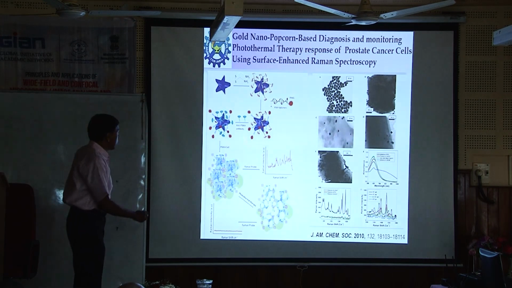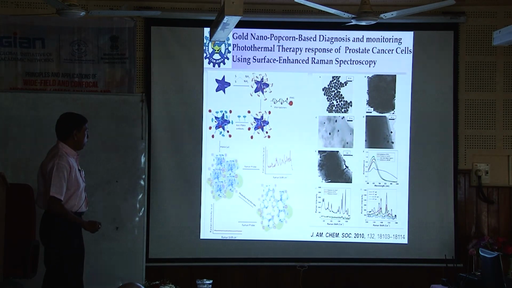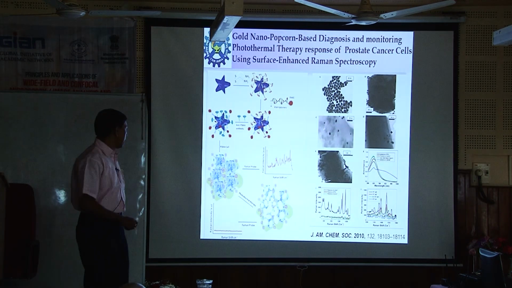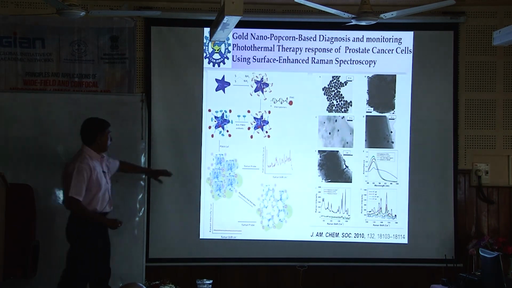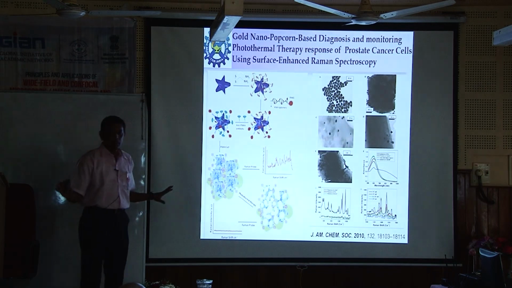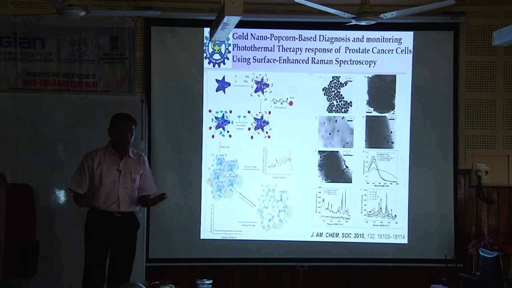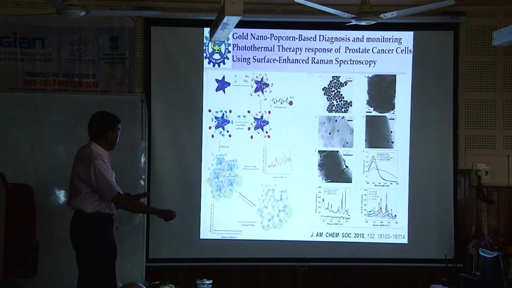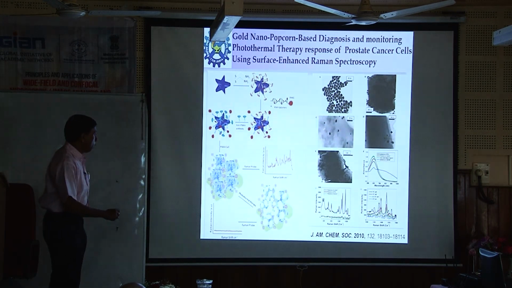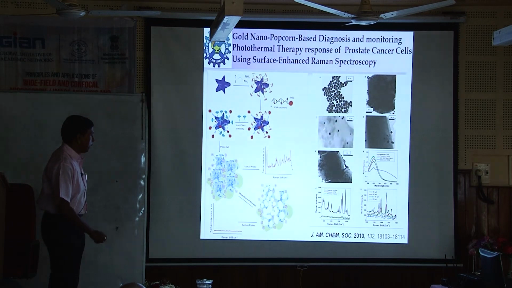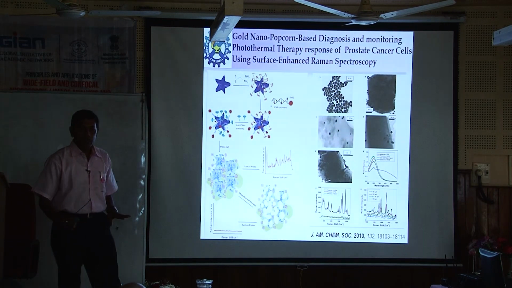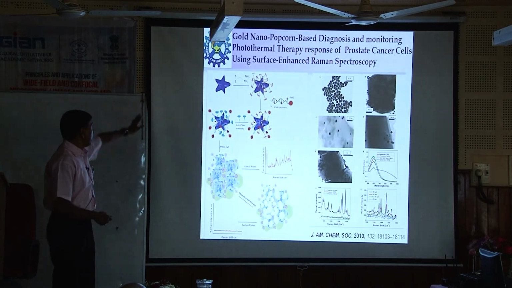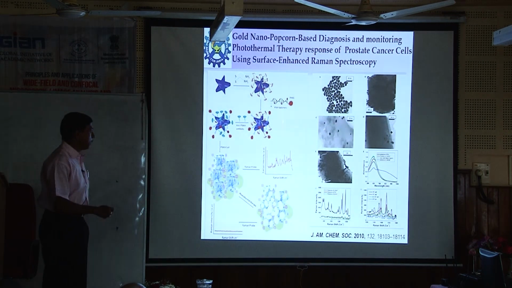So, this is the whole construct, and when they irradiate with the laser to induce photothermal therapy, the construct is disassembled. Once it is slowly disassembling, the Raman band disappears, because the rhodamine 6G is not intact with the nanorod, and that has been reflected.